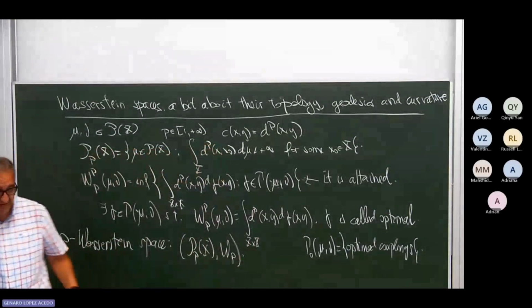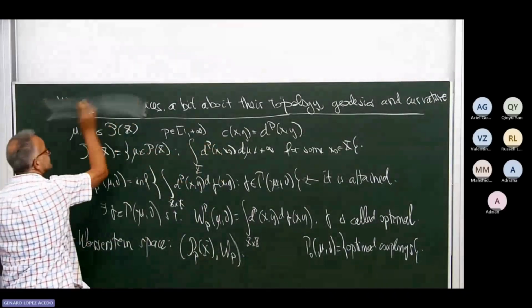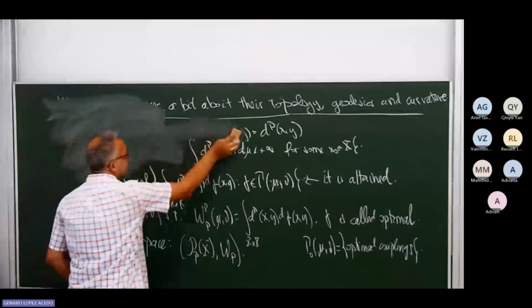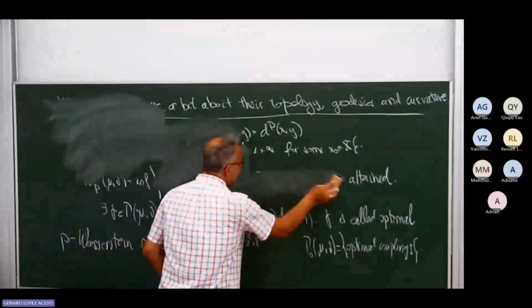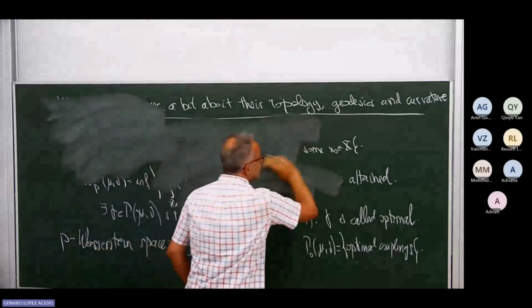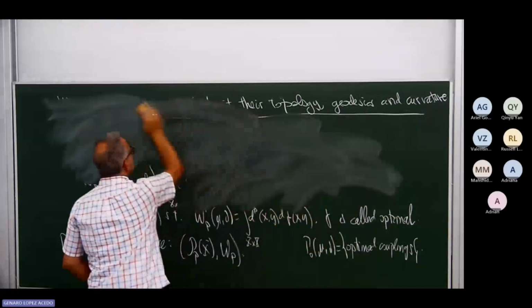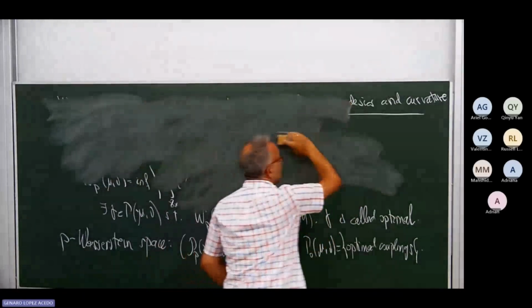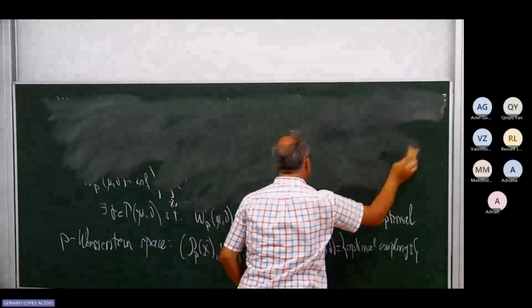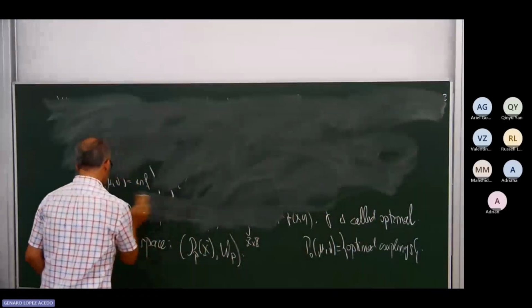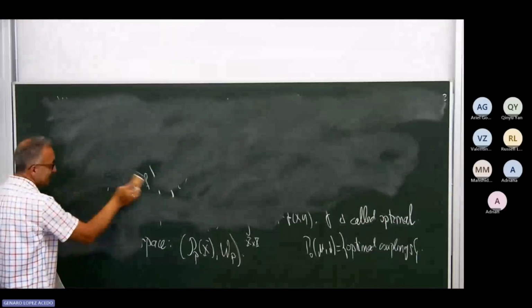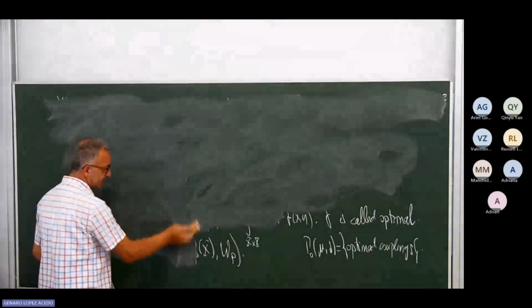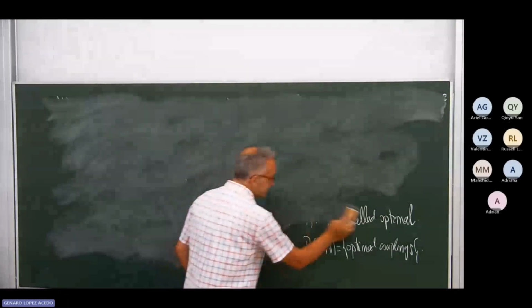This is what's really fast just to close. One of the things is that the metric space X is inside the Wasserstein space. And one of the interesting things about this space is that it has a big impact on the topology and the geometry of the Wasserstein space.